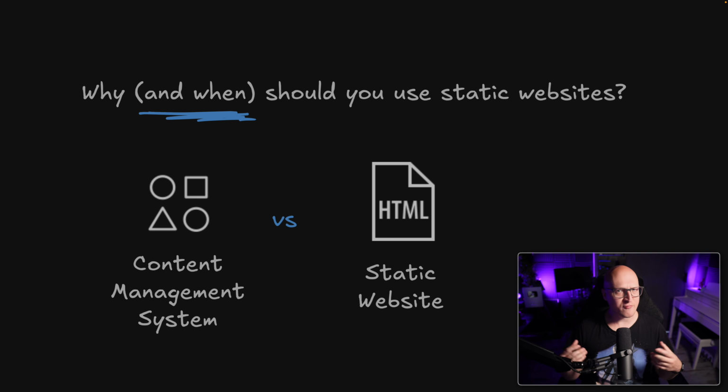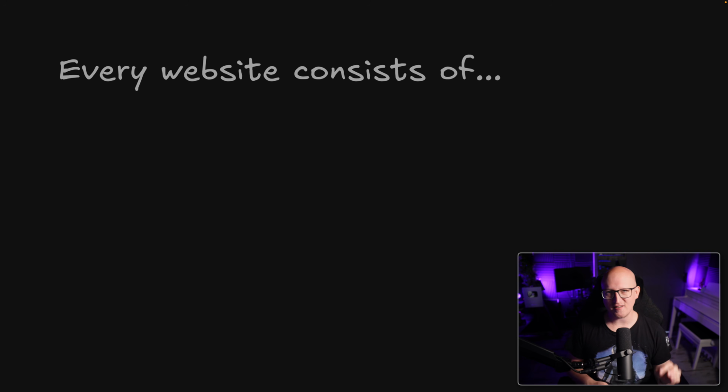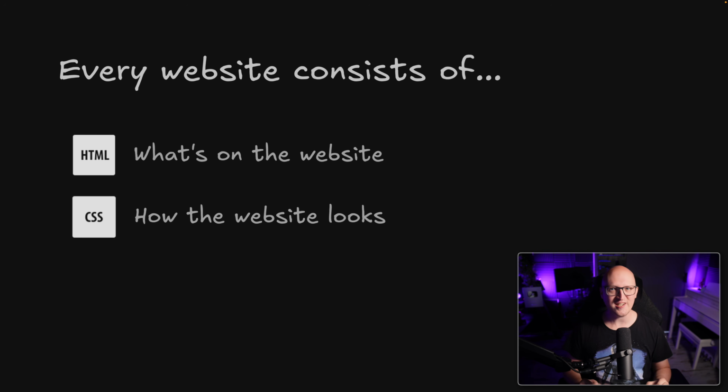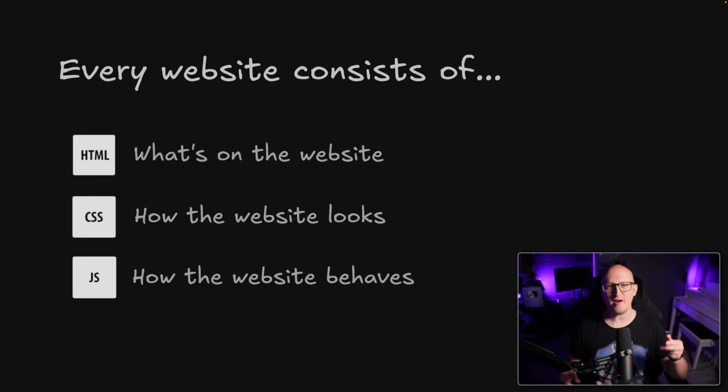Now, at its core, every website consists of 3 main technologies: HTML, the hypertext markup language, which tells your browser what the content of the website is, like text, images, links, forms, etc. Then we have CSS, cascading style sheets, that controls the presentation or the styling of the website, and nearly all modern websites also have a third technology called JavaScript on board.